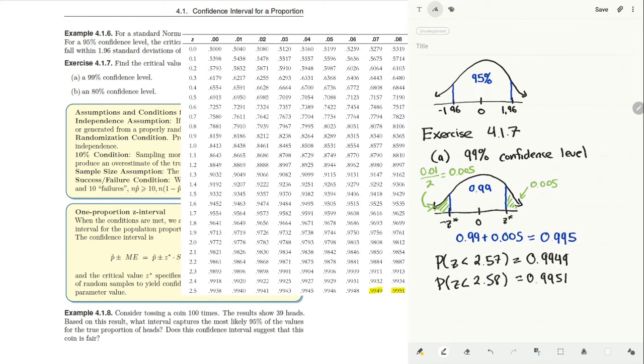Notice that 0.995 falls right in between these two areas, so the critical value will be the average of the two Z scores. So Z star is going to be 2.57 plus 2.58 all over 2.